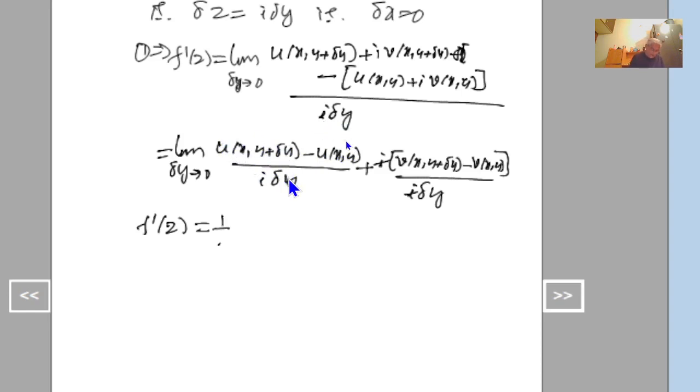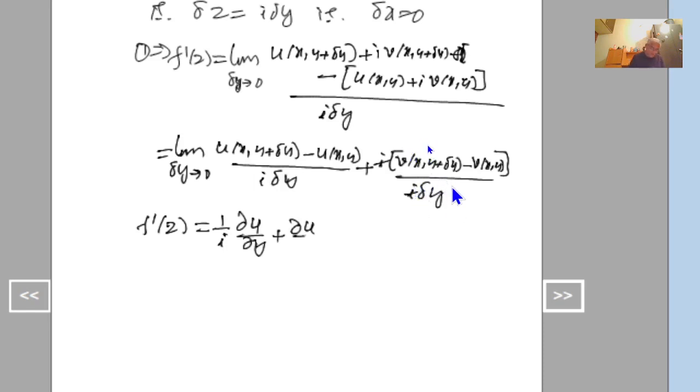So 1 by i is here, dou u by dou y plus here i gets cancelled. v of x comma y plus delta y minus v of x comma y. There is change in y, not in x. We are keeping x as a constant quantity. Therefore, this is nothing but differentiation of v with respect to y. That is dou v by dou y.